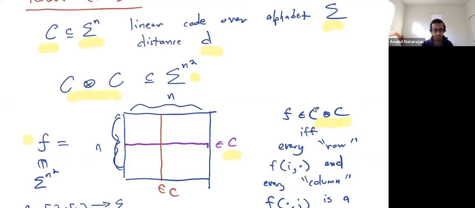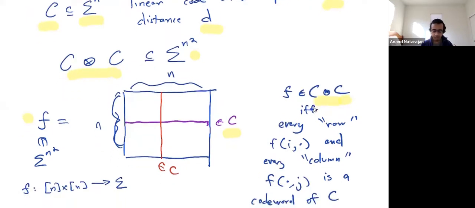Notice that this makes sense syntactically because every row is an element of sigma to the n, and every column is also an element of sigma to the n, so it makes sense for them to be part of C. And you can verify that this actually defines a linear subspace of sigma to the n squared. So this gives me a linear error correcting code.